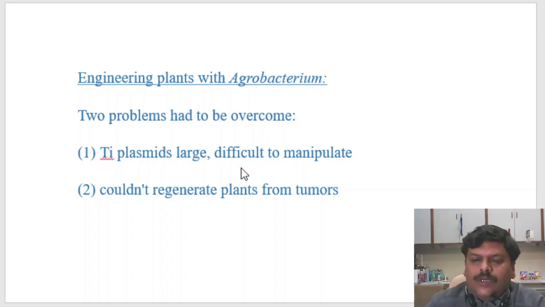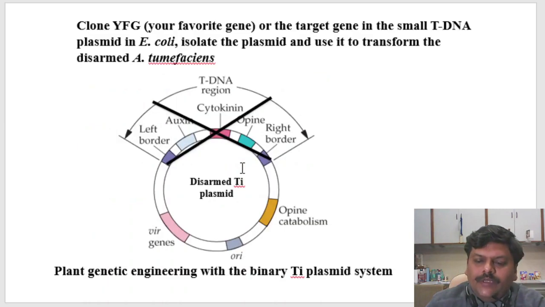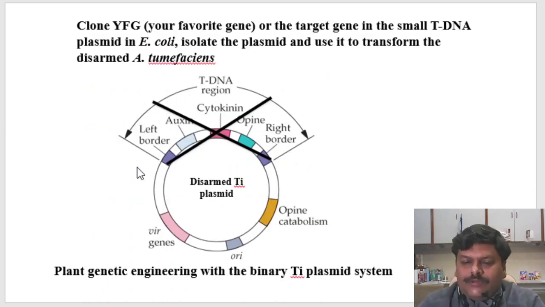So these two problems were overcome by making what we call a binary vector system of a disarmed Ti plasmid. What scientists did in the laboratory is that the Agrobacterium itself is genetically engineered for use in genetic engineering experiments.